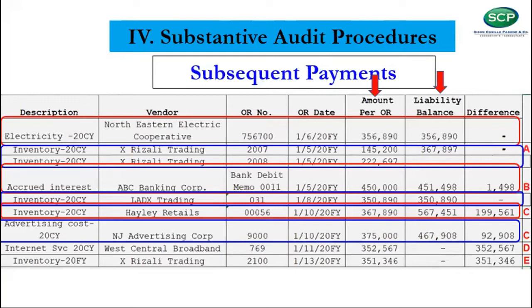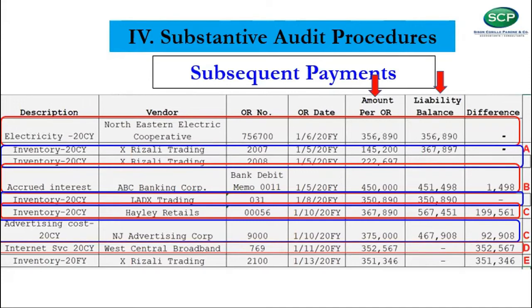And then, we noted that the company made a payment of 352,567 pesos in 20 FY to West Central Broadband for internet service provided in 20 CY, which was recorded as a debit to communication expense and a credit to the cash account in 20 FY.